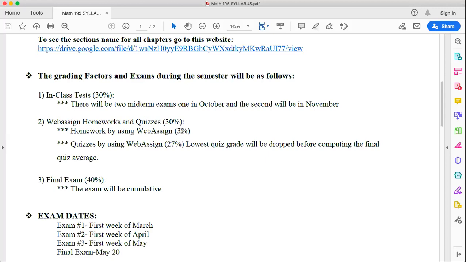The homework has 3% of your grade, but you must do it because if you do the homework, you will do perfectly in the quizzes. All the quizzes are similar to the homework, with only small changes, like just the numbers, but the idea is exactly like the homework in WebAssign.